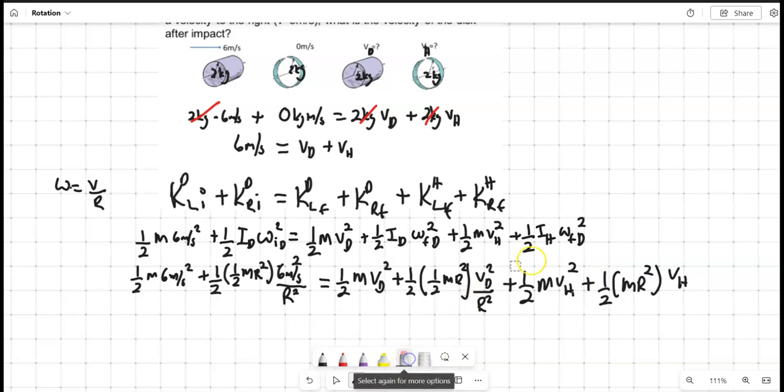I put in d there, should make that an h. I apologize. Squared over the radius squared.